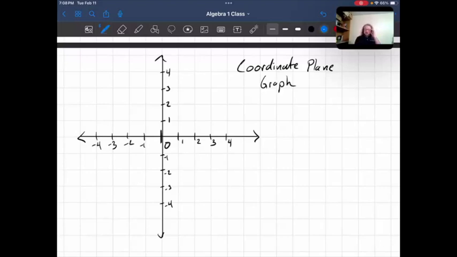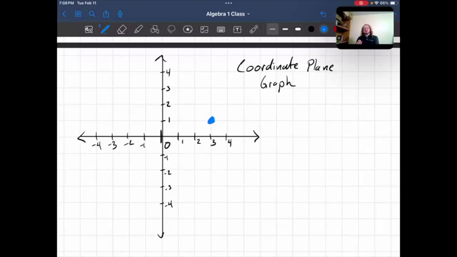Now, on this graph, we can display, instead of just a dot being one number, we can have a dot represent 2 numbers at the same time. So let's say I've got this blue dot, and it's over here.